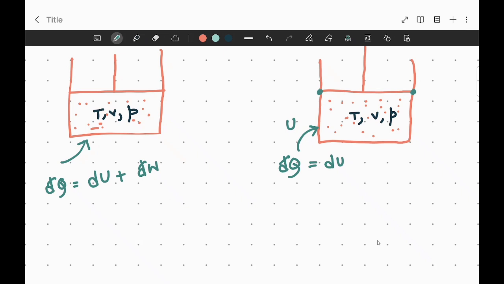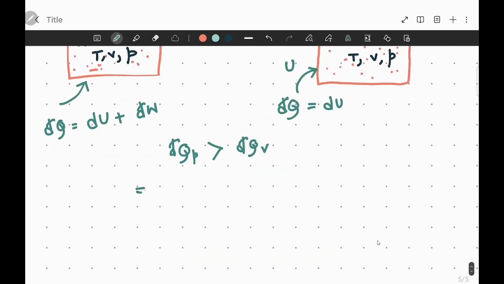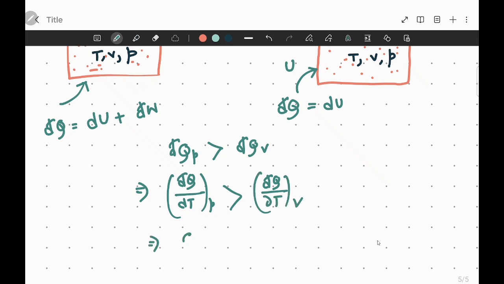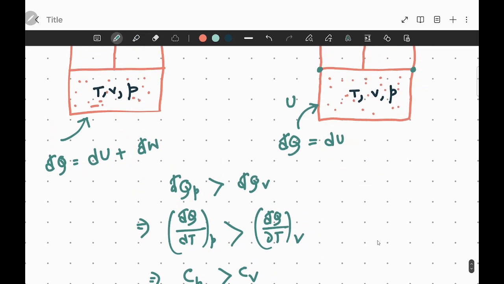So it's clear that d cross Q at constant pressure must be greater than d cross Q at constant volume. Now for the same dT in both cases, d cross Q at constant pressure is greater than d cross Q at constant volume. So from here you can claim Cp is always greater than Cv. Okay, this is important.